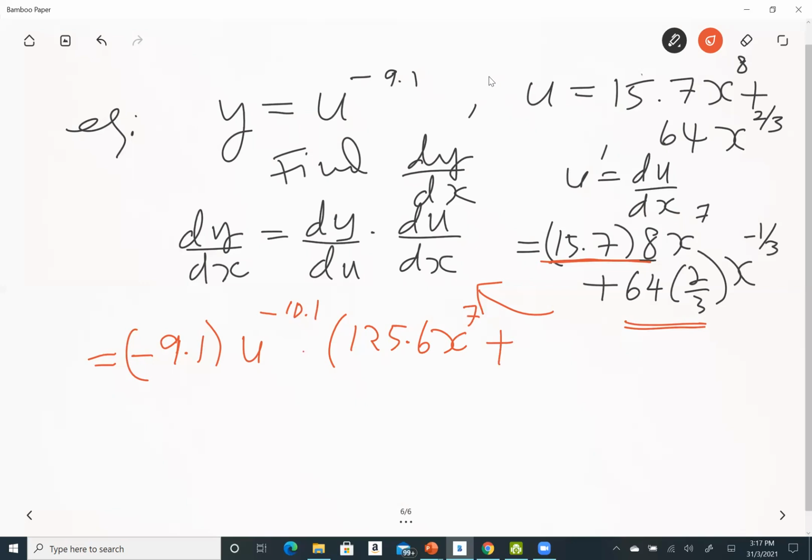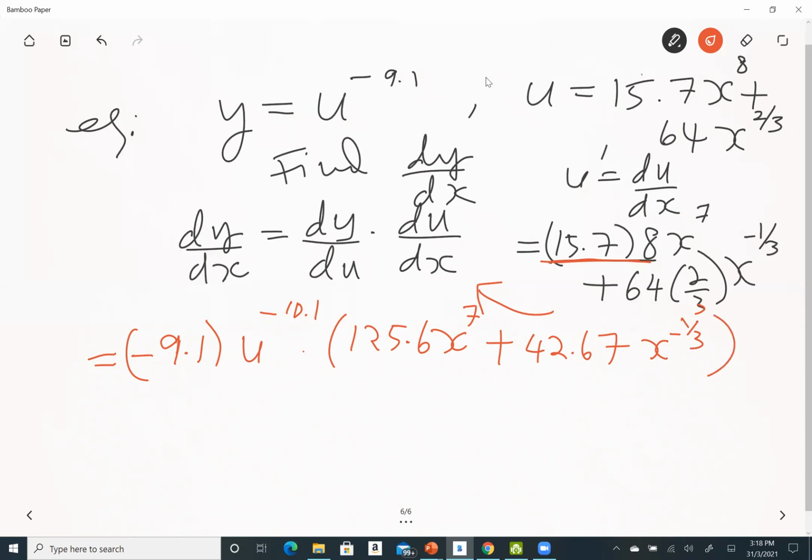You can convert to decimal point, that's okay, just give me the number. 42.67. So 42.67 x to the power of negative 1 over 3, which comes from 2 over 3 x to the power of negative 1 over 3.